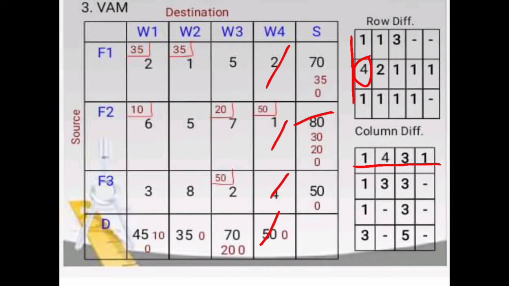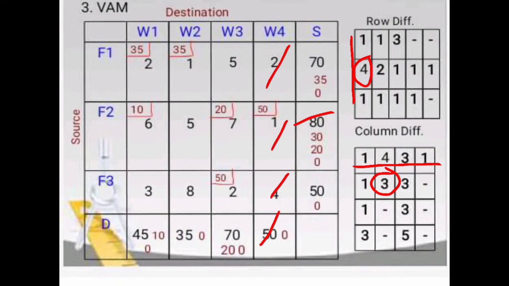Then we do the same operation. We find the row difference and the column difference. So we have this here. I already worked it out. From this, we find the maximum value. The maximum value is 3, so we choose 3 here, from column 2.